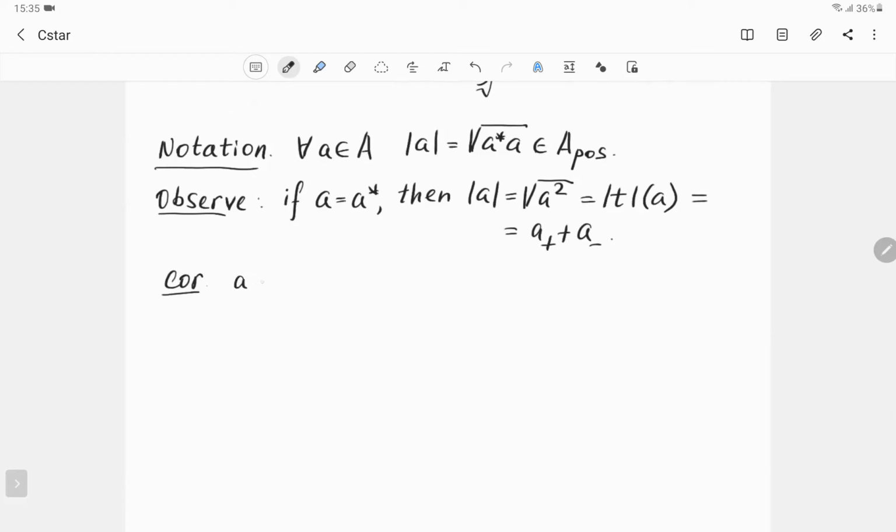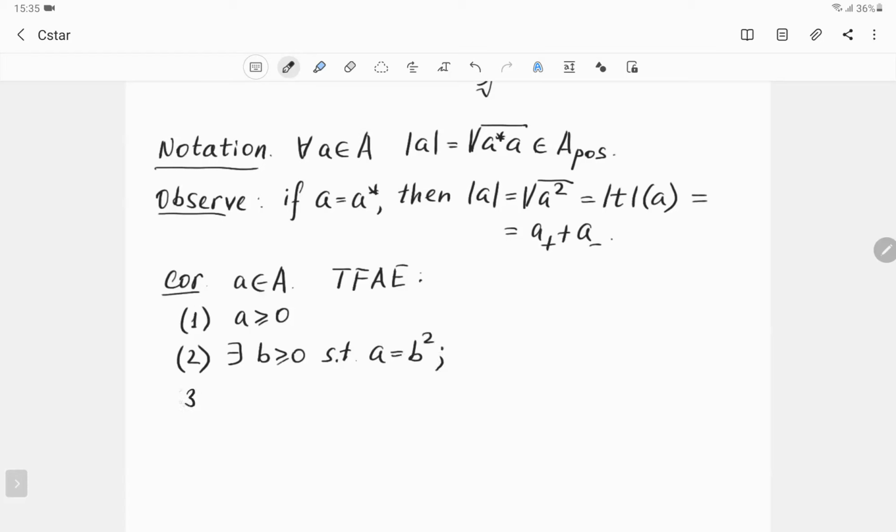If A is an element in our algebra, then the following conditions are equivalent. Condition 1, A is positive. Condition 2, there is a positive element B such that A equals B squared.